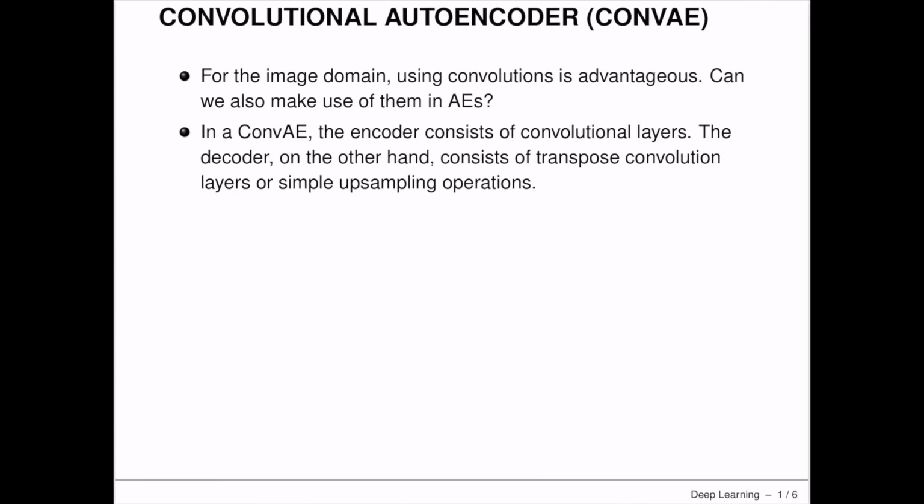For the application of neural networks to supervised learning tasks, we had seen that convolutions and convolutional neural networks had advantages when processing images.